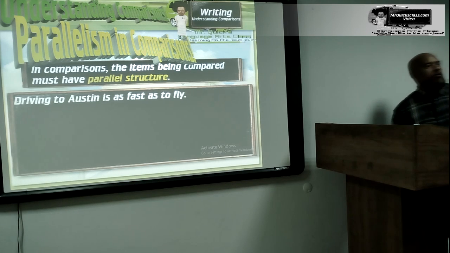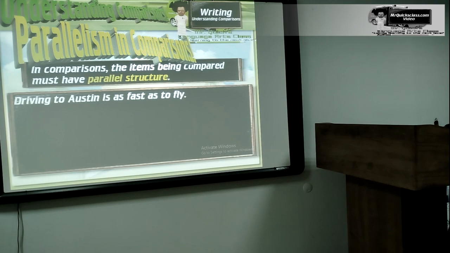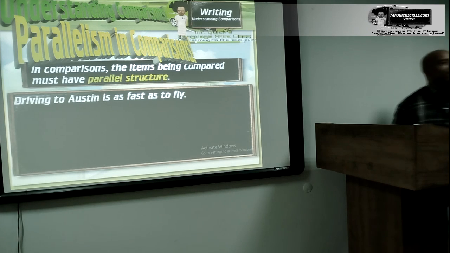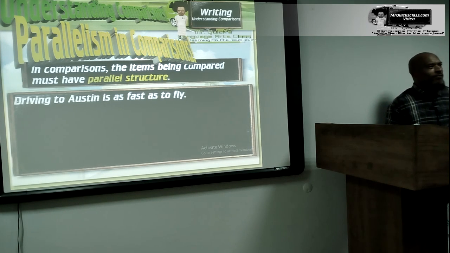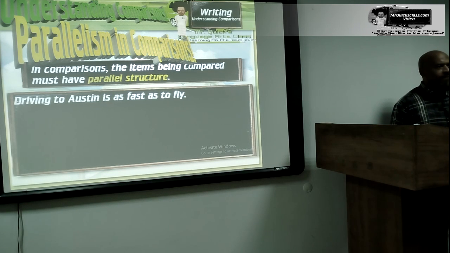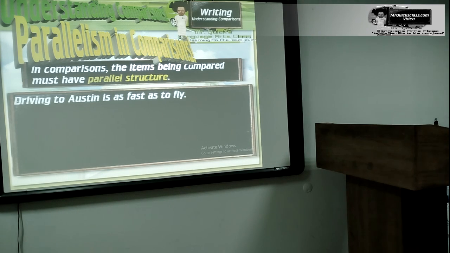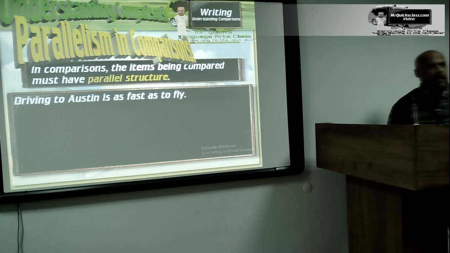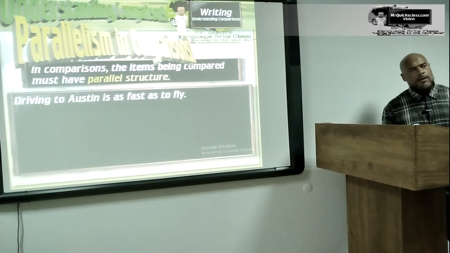Raise your hand if you don't agree. It should be past tense. What did you say? It should be flying? Oh, you're saying it should be a gerund instead of an infinitive.